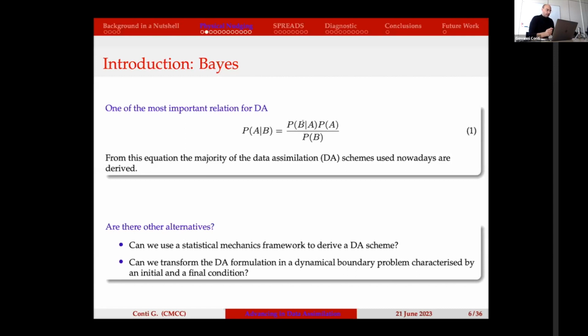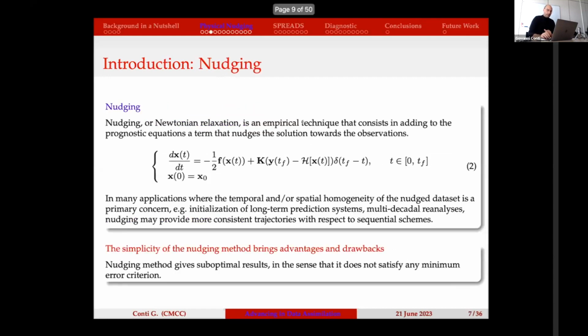But my point is, since nature observation represents nature and the model represents an approximation of nature, maybe we can use some other perspective to approach data assimilation. Maybe we can use a statistical mechanical mathematical framework to derive a DA scheme. And maybe we can formulate DA as a dynamical boundary problem, for example.